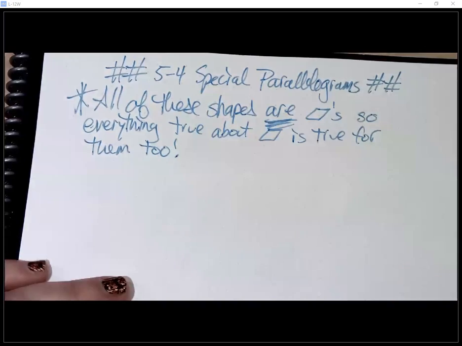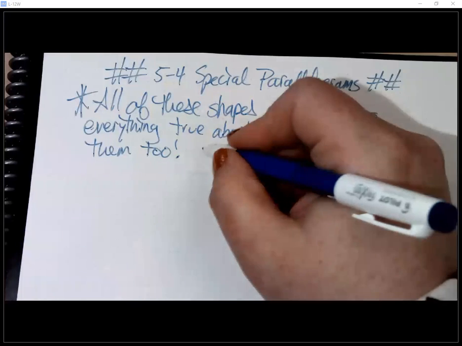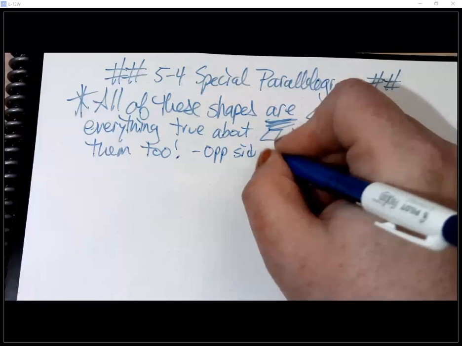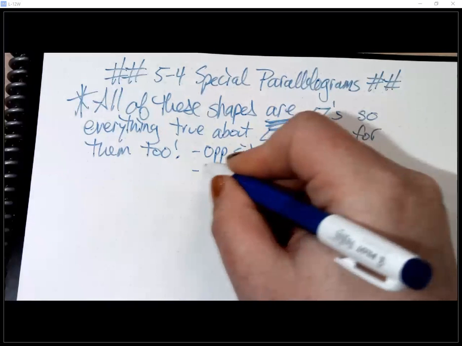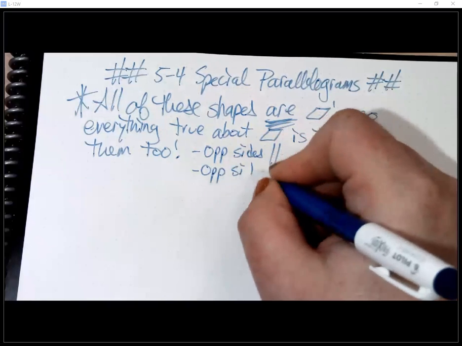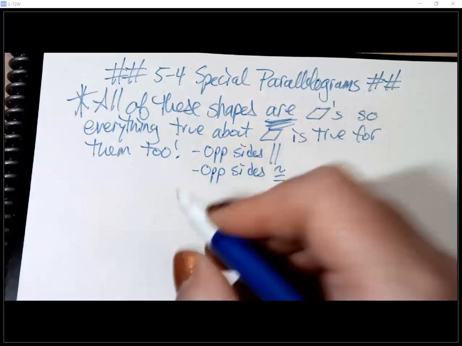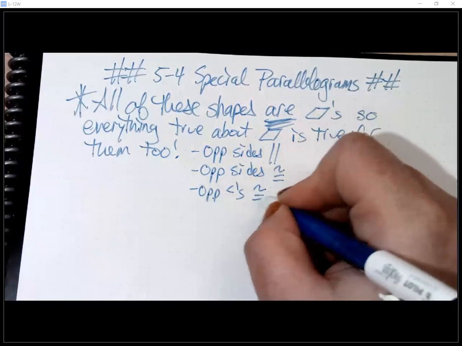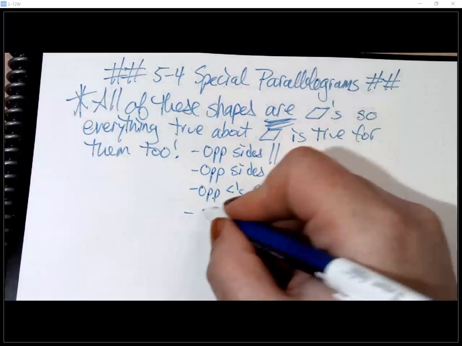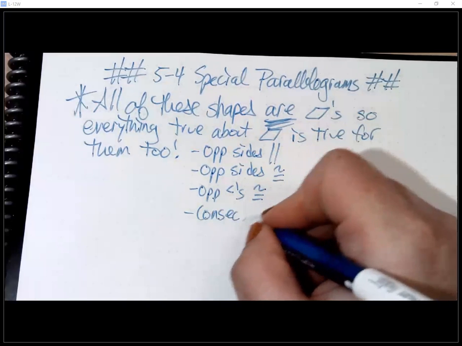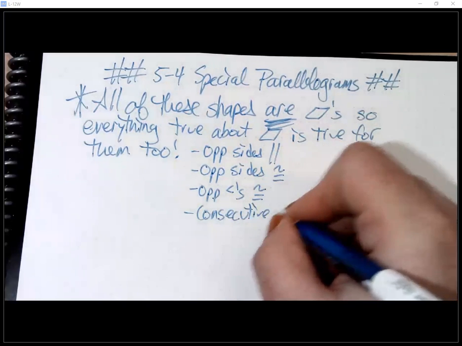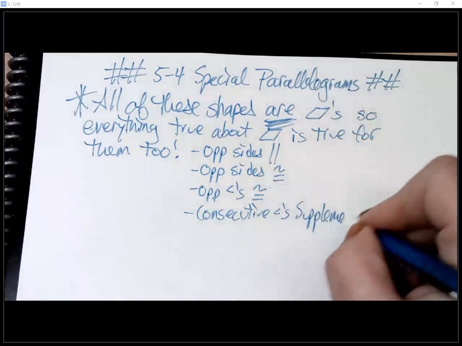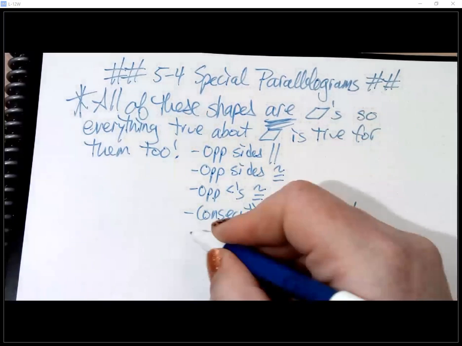I'll even make that list. So opposite sides parallel, opposite sides congruent, opposite angles congruent, consecutive angles supplementary, and diagonals bisect each other.